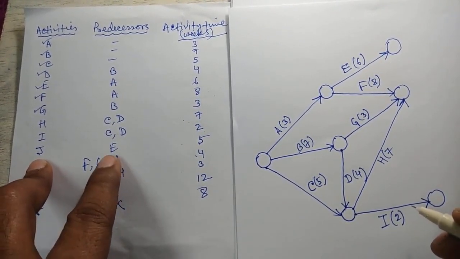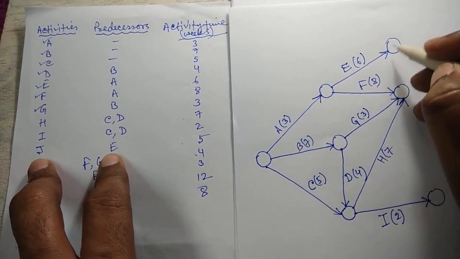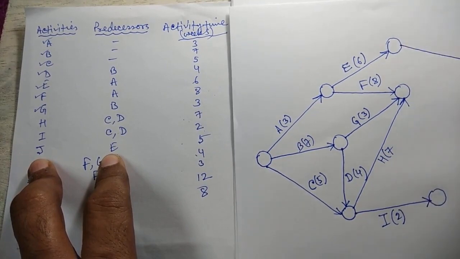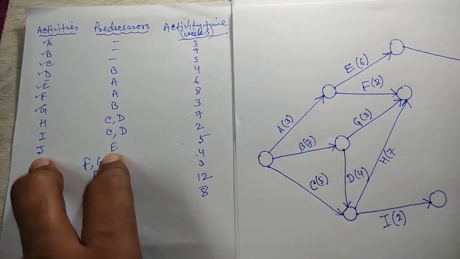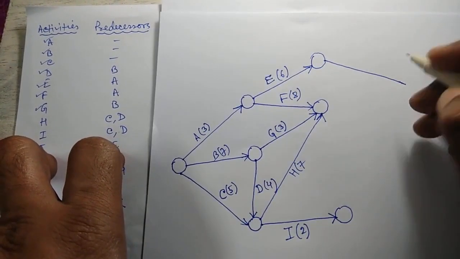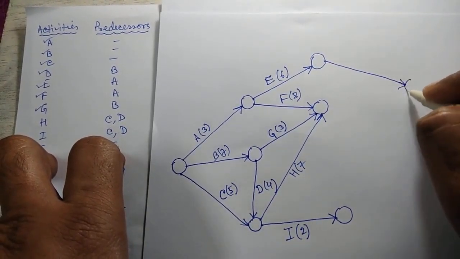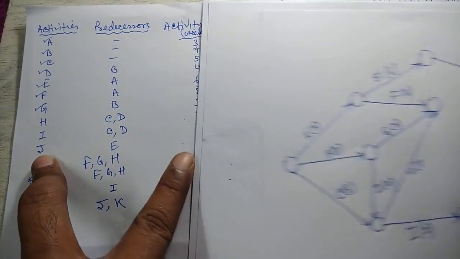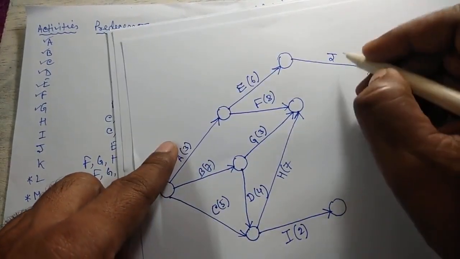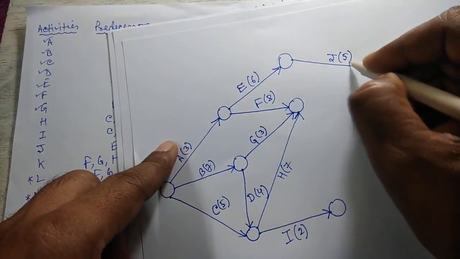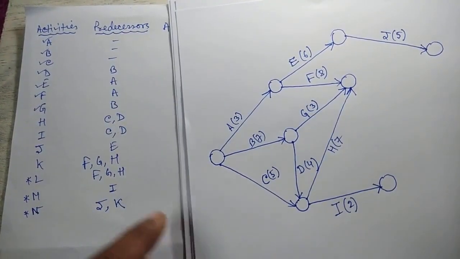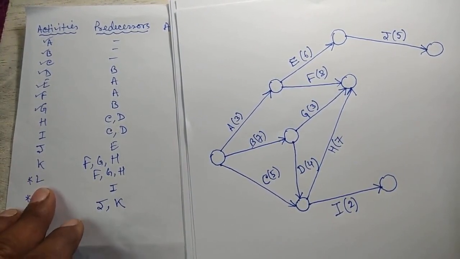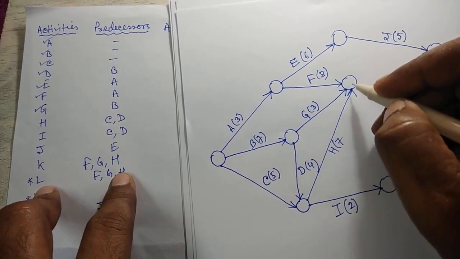Next, J. The predecessor is E. So from here, J will start, and time is 5 weeks. Here you have to write 5 weeks. Next, K and L will start from this node.